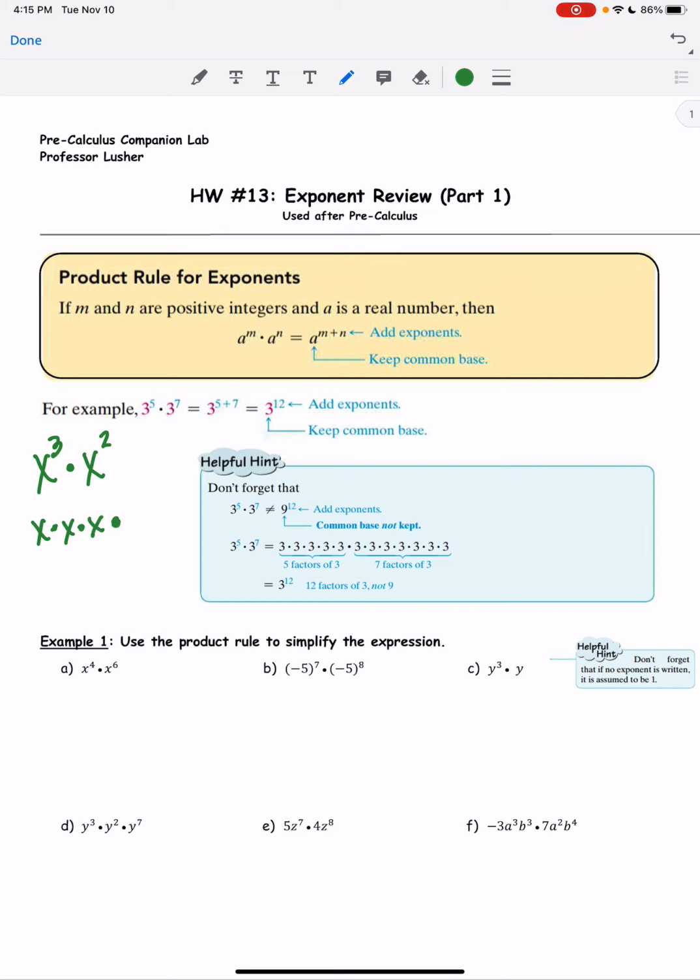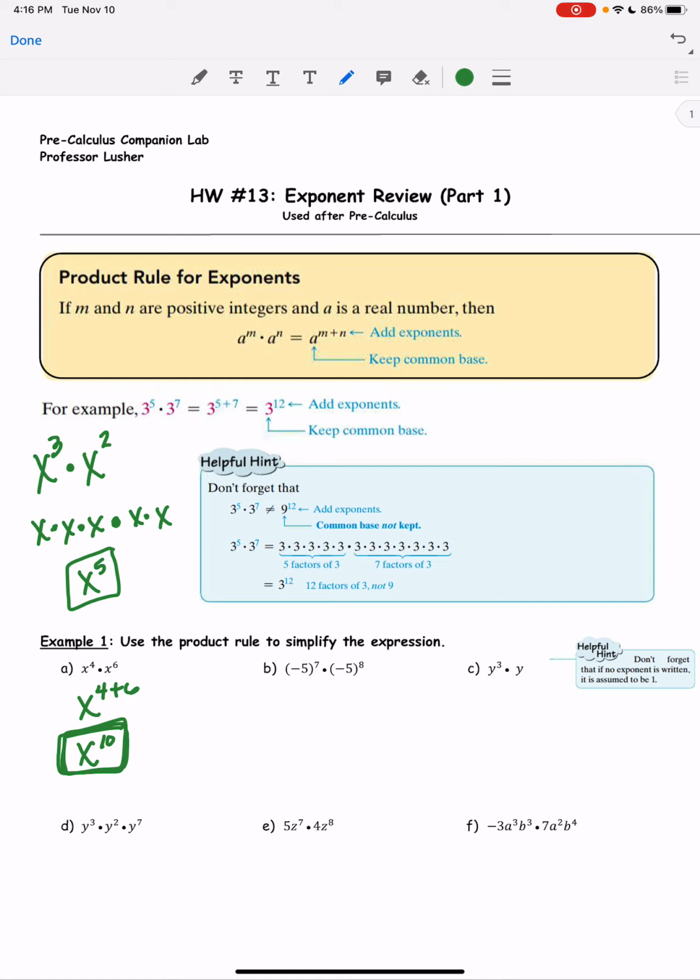And then times x squared, which is x times x. Well, how many do I have now? I have 5. And so that becomes x to the 5th. Okay, so down here, x to the 4th times x to the 6th. Technically, what we're doing is 4 plus 6 to get x to the 10th.